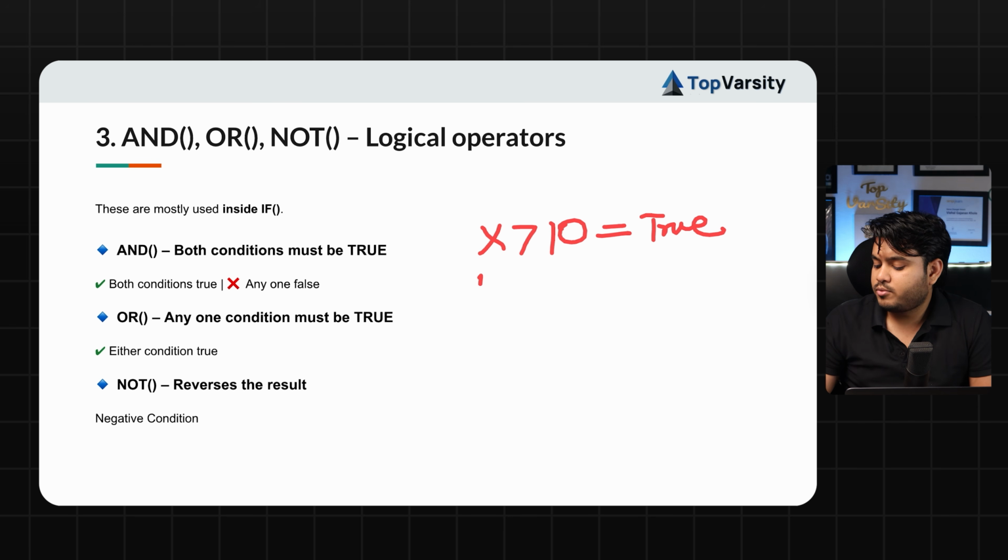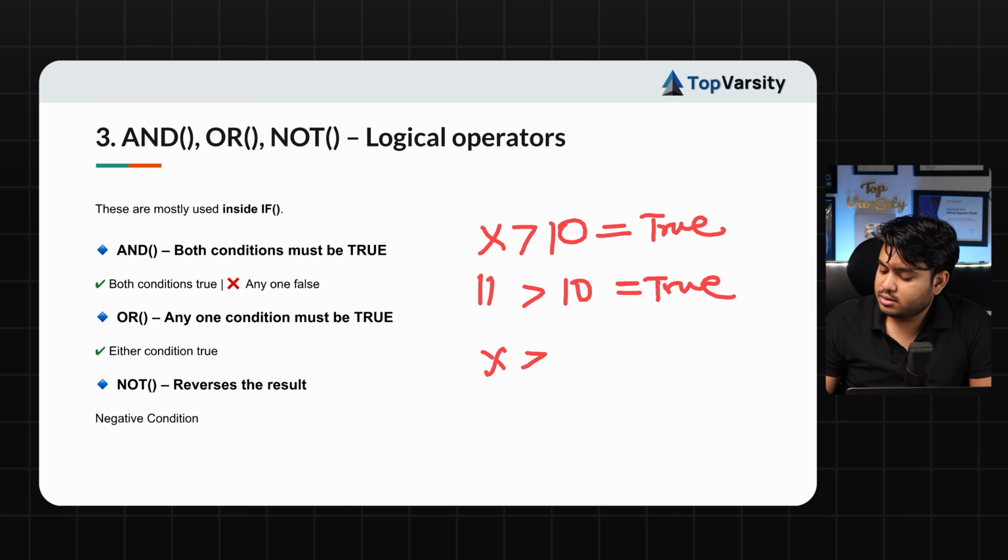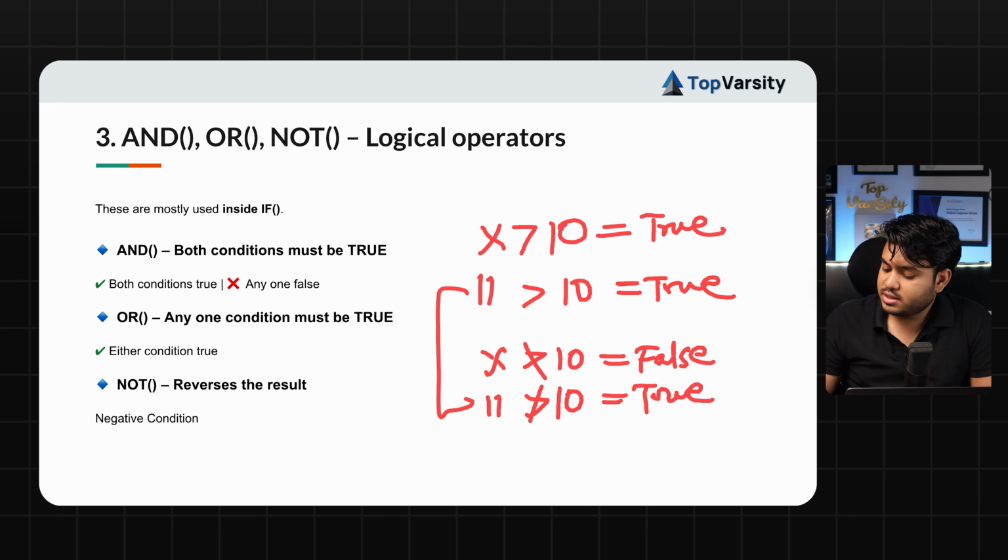Say x is 11, which is greater than 10, yes, then I'll write true. If x is not greater than 10, please write false. 11 is not greater than 10, it is, then it will write true. Same thing it is writing, just the symbol is getting changed.